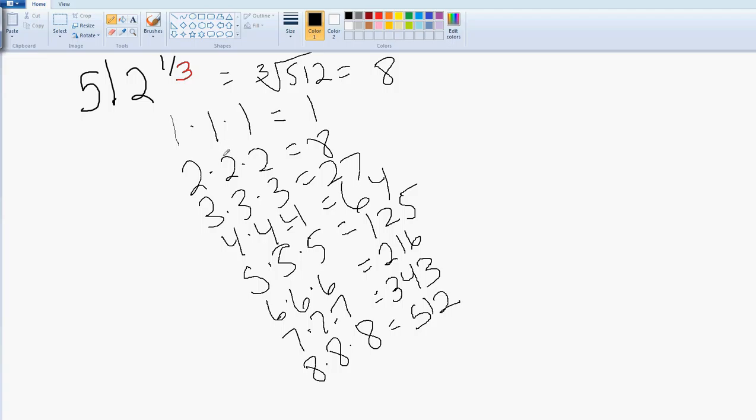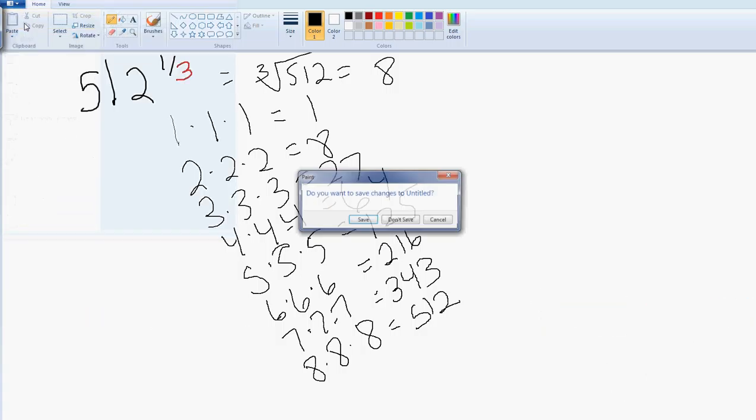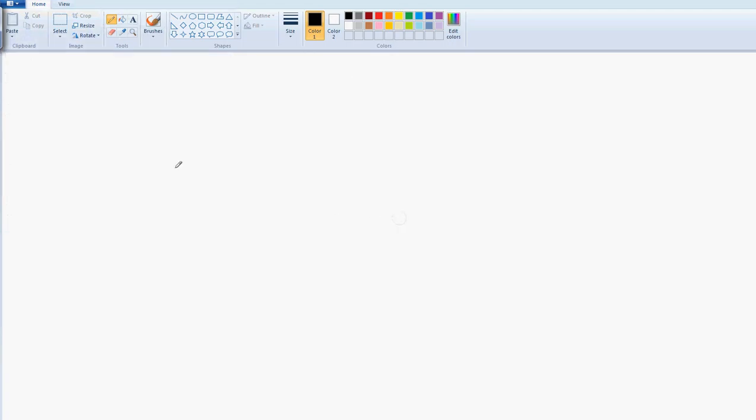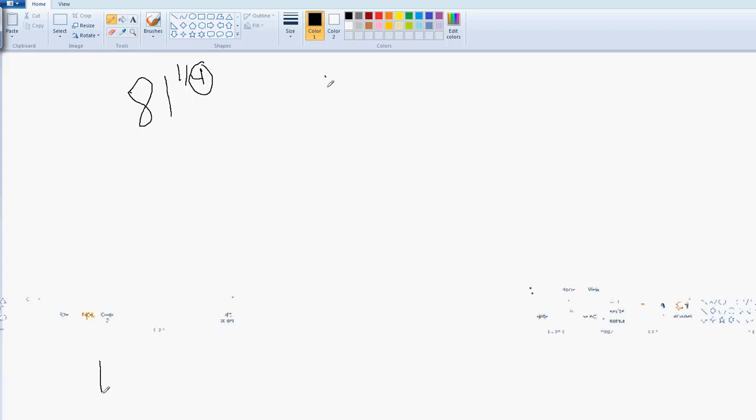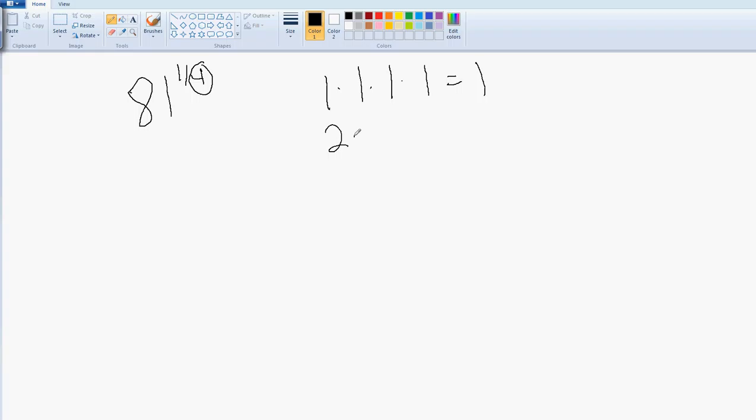Just to make sure you get this, let's try this with some other number here, okay? How about 81 to the 1/4 power? We're looking for a number then that multiplies by itself 4 times to give 81. 1 certainly does not do it. 2 times 2 is 4, times 2 is 8, times 2 is 16.